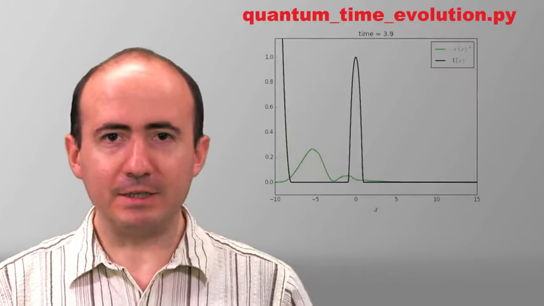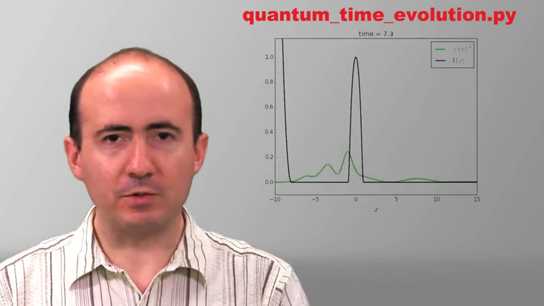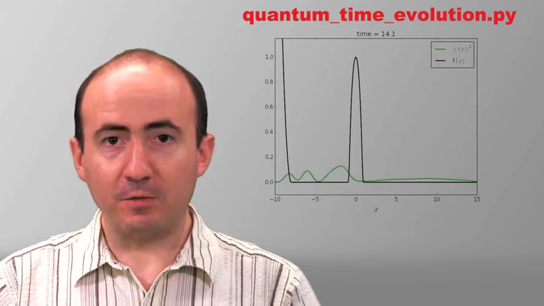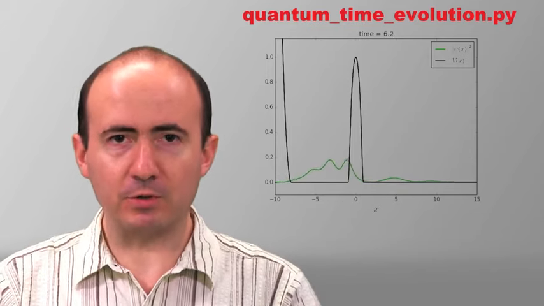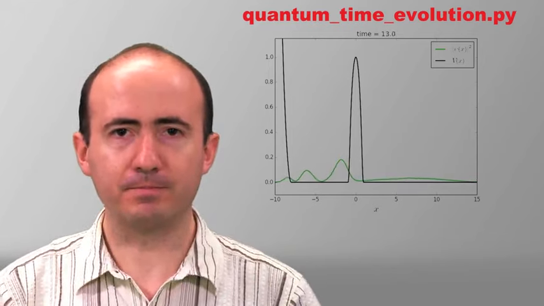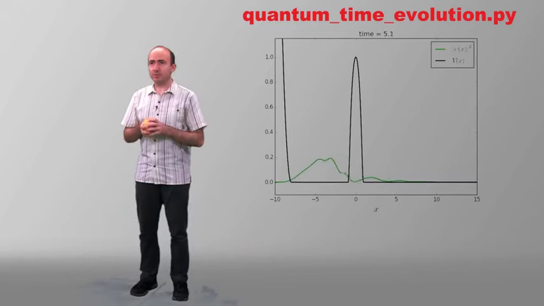You observe that each time the wave function bounces on the wall on the right, a finite but tangible proportion of the wave function actually goes through the wall. This quantum tunneling effect is a genuine quantum effect and has no classical counterpart.